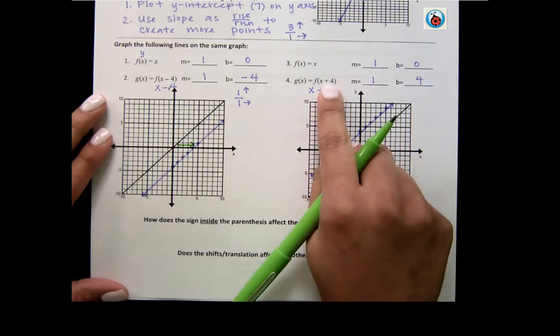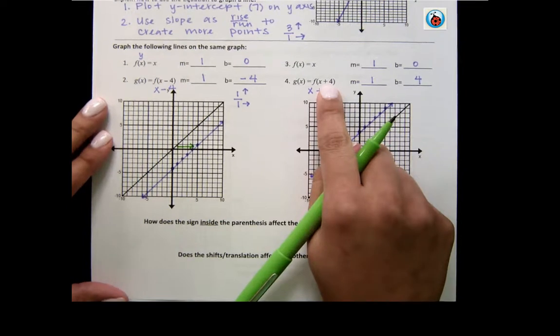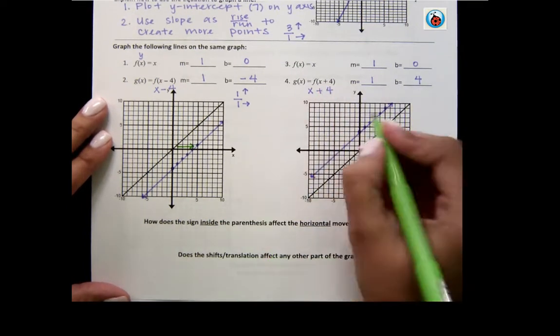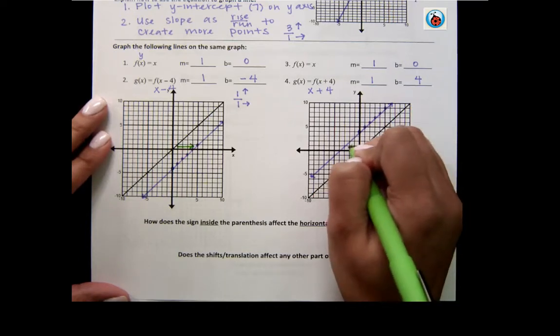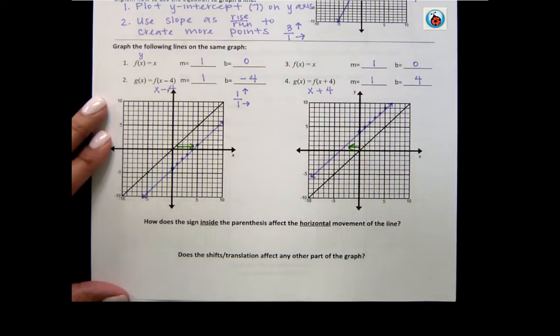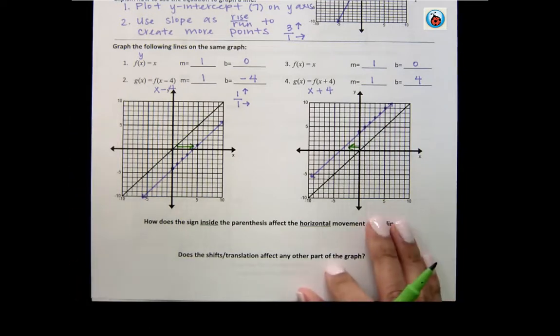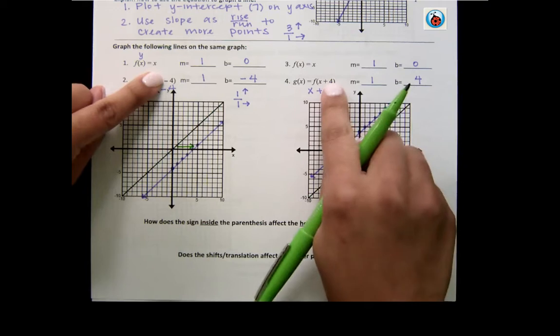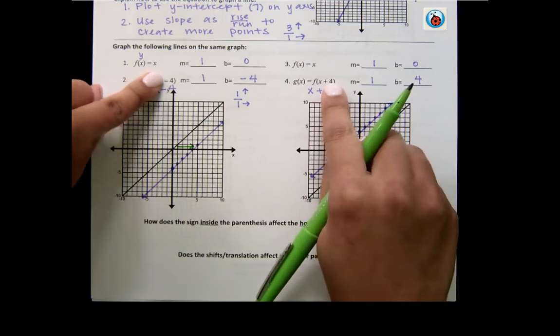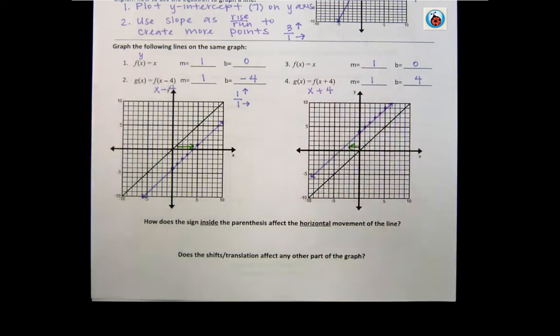When I had a plus 4 on the inside, the opposite happened. So horizontally, my line moved to the left. So when you are dealing with a plus or minus on the inside of the parentheses, the opposite happens.